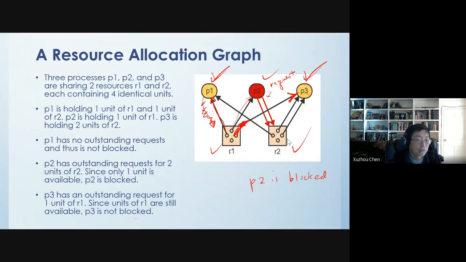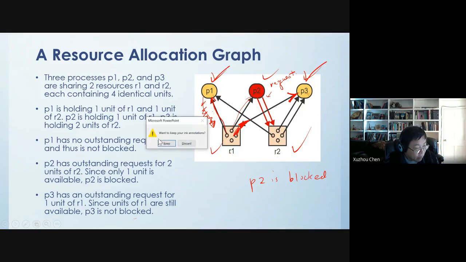Or if the deadlock happens more and more, and the performance suffers, then you just reboot the machine. Okay, this is another solution. So that's the reality. That's why I don't want to spend too much time on deadlock. I'm just introducing the concept of a deadlock with an example. Okay, so that's pretty much all we want to talk about.